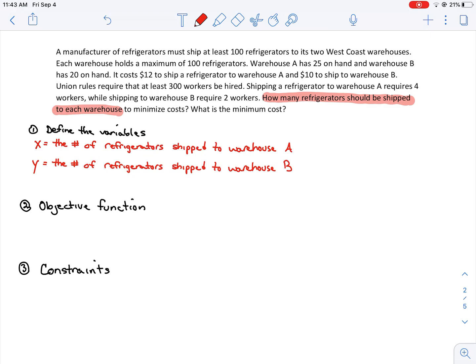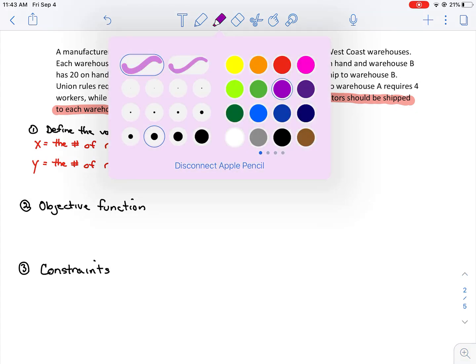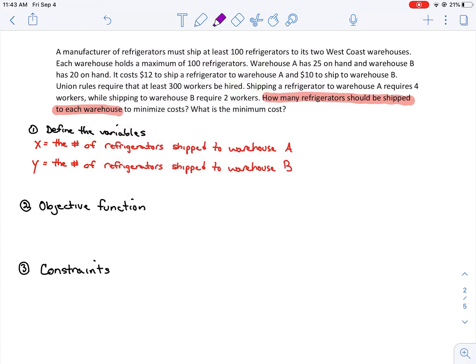Okay, next we want the objective function. The goal is to minimize the costs. So let's highlight the sentence that deals with costs.